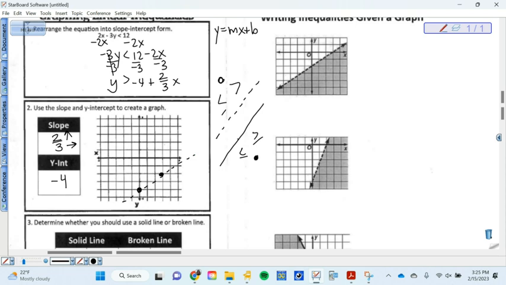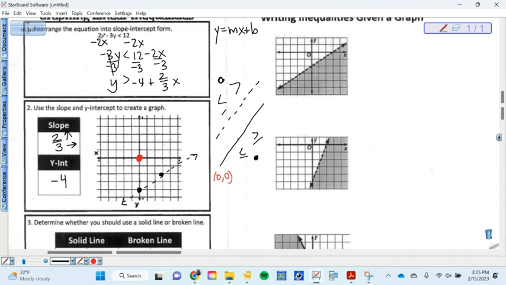Okay, and then am I done? Is that it? What do I do now? Yeah, I got to plug in 0, 0, right? I got to test a point. And we use 0, 0 because it tends to be the easiest. And I'm going to take 0, 0, and plug it into my inequality. I can use this rearranged inequality if I want to.